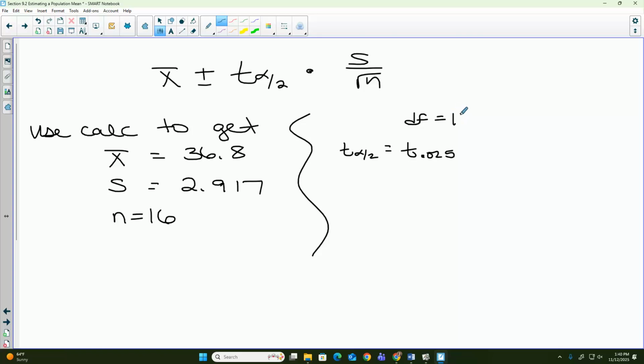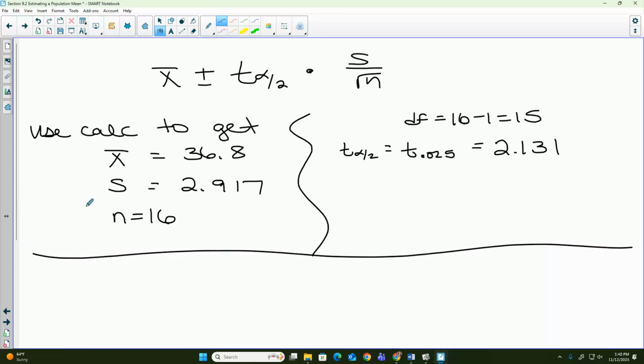It's n minus 1, so 16 minus 1 is 15. So you're going to row 15 and 0.025. So what do we find for our t value? 2.131. Okay, so that's all the stuff we need.